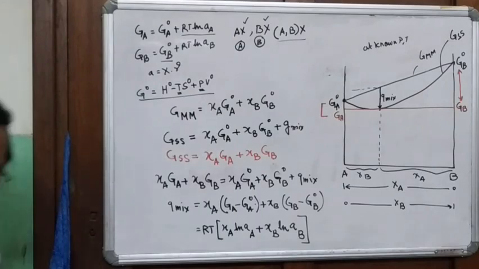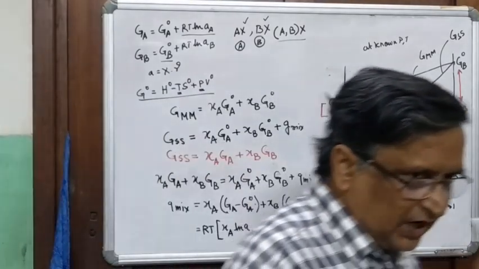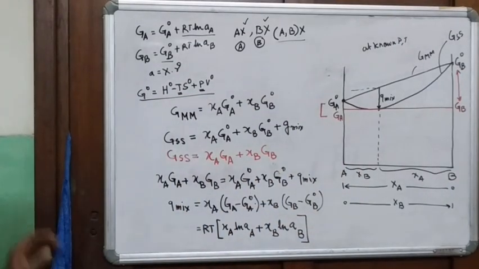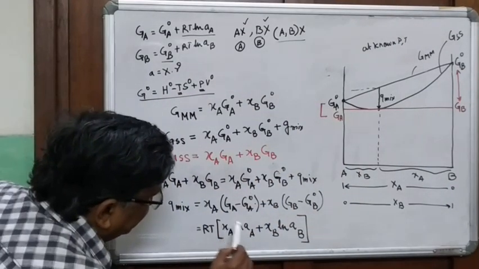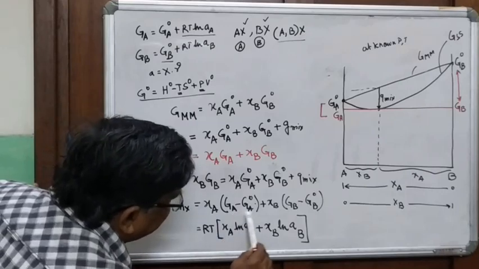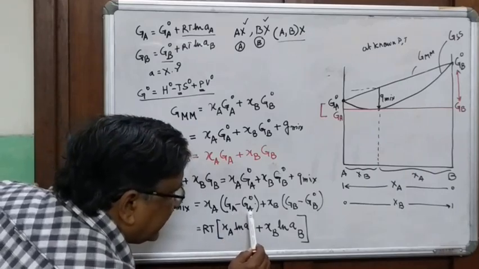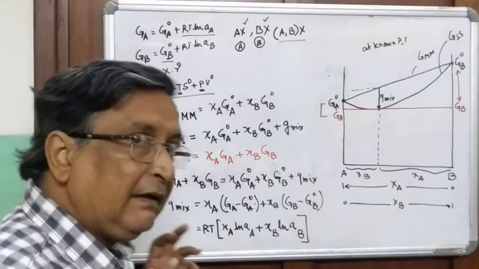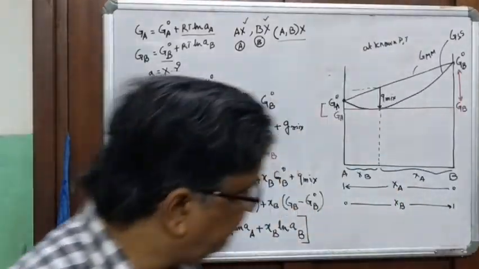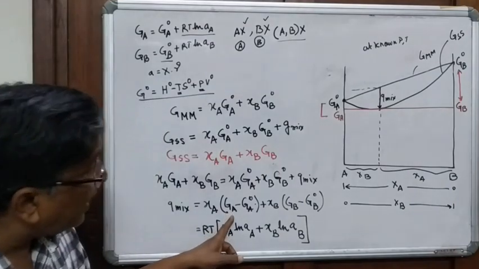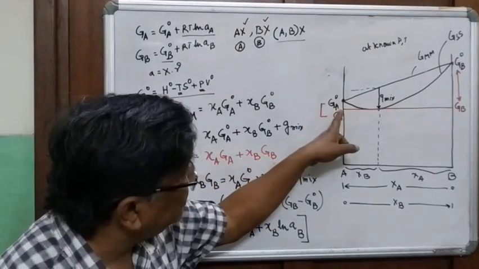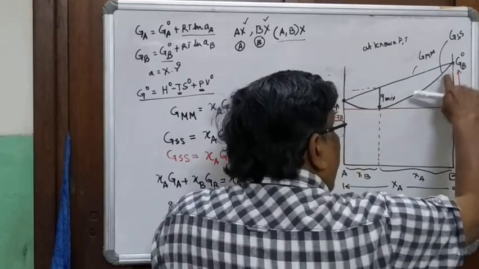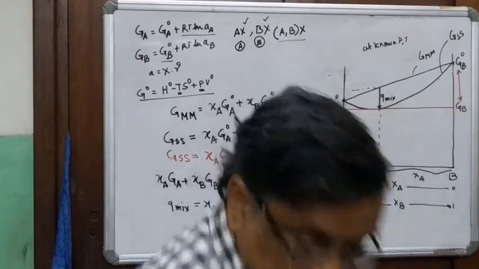Have you understood? I think I give you 2 minutes time to think over it. Now, this value, GA minus GA0: GA0 at a particular temperature is fixed, but GA is varying. It's a function of the composition, as you can see here. This is like a steering wheel of the car. It would depend where you are drawing the tangent.